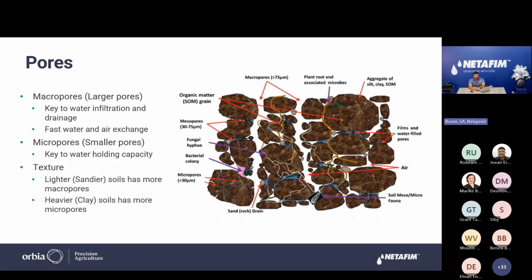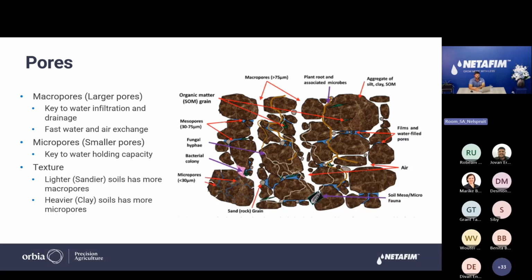This helps us with a fast exchange of air and water. So if you irrigate, your water goes nicely into the soil, and then your air moves out fast, and vice versa. Your micropores, they are a lot smaller pores. They are key to holding onto the water in your profile.